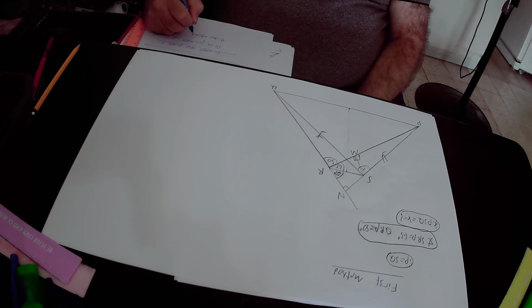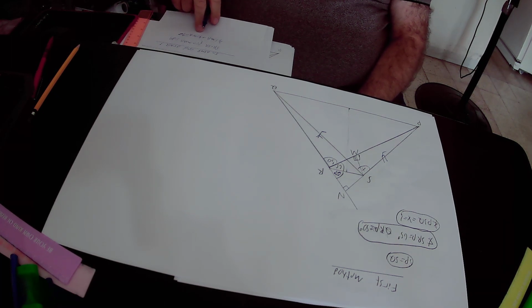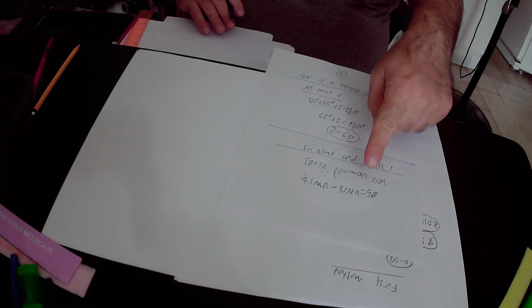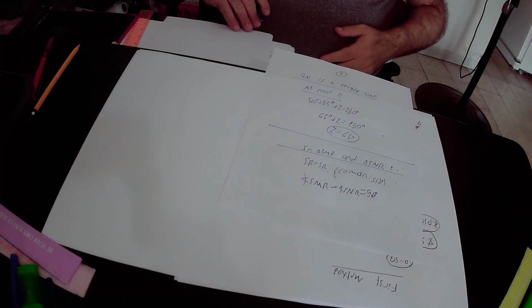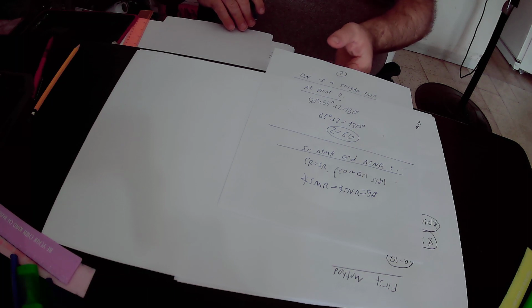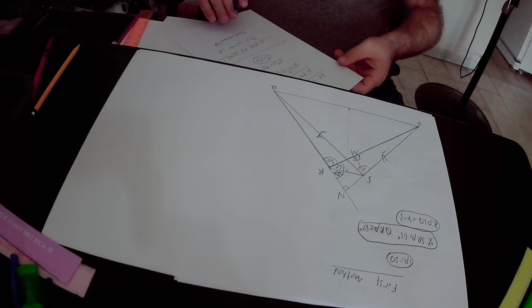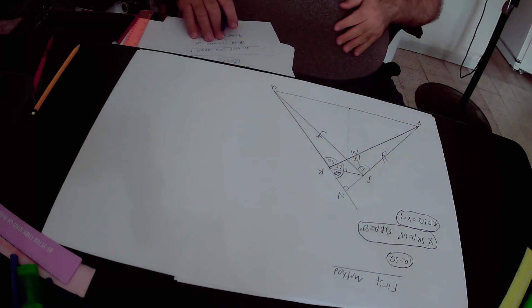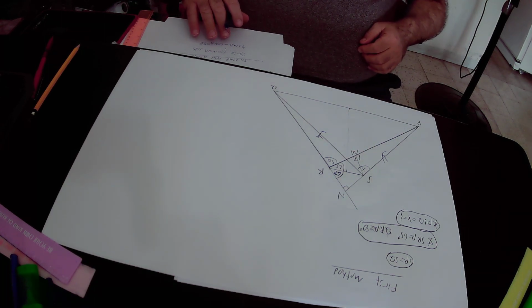They are right angles. And we also have these two angles that are equal to each other, both equal to 65 degrees.